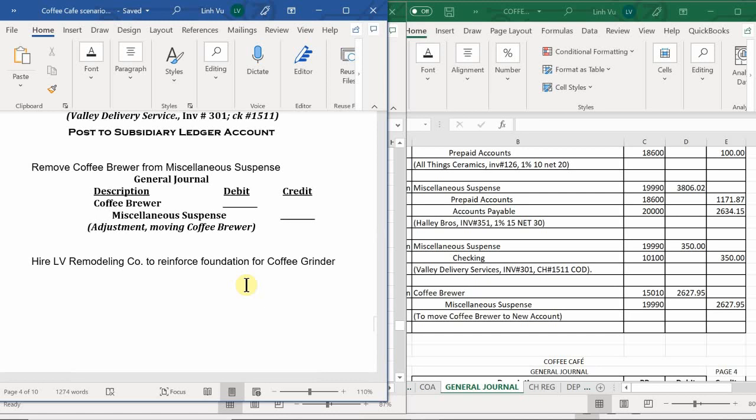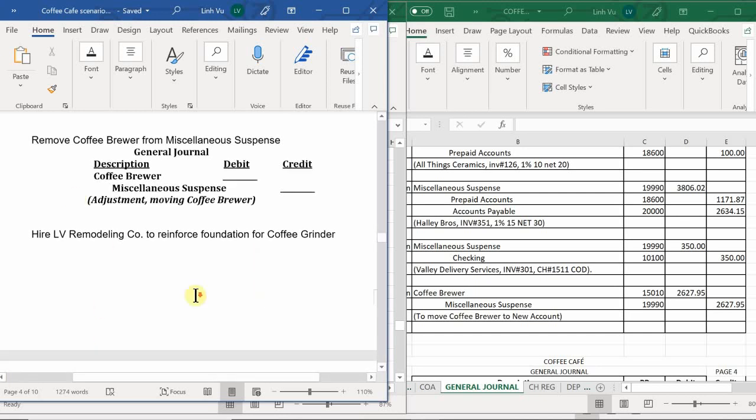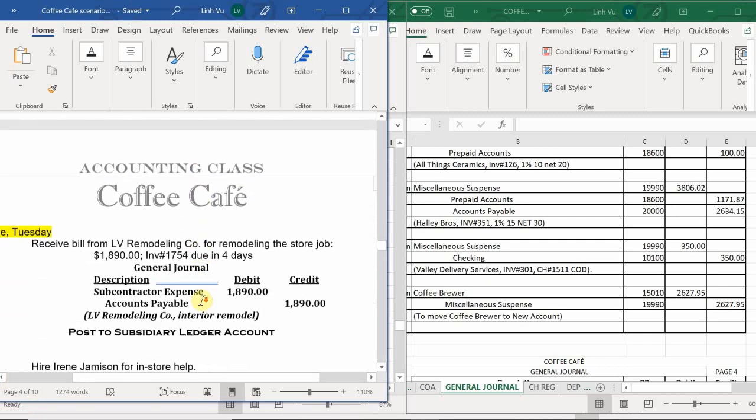What other information do we need to put in here? That we hired them? Yes, we can hire them, but they're going to give us a service later. Because they haven't billed us yet. That's right. So nothing there. Okay.